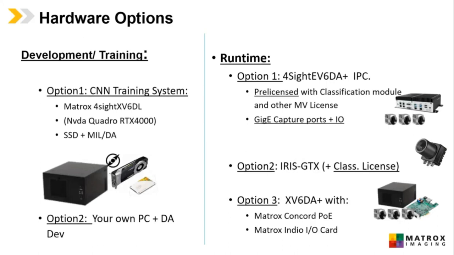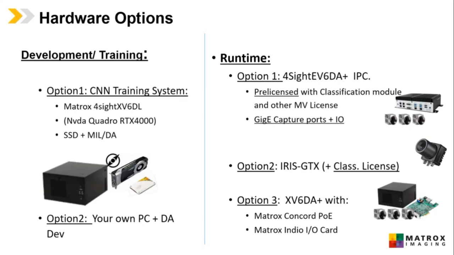Okay, so we talked about the hardware, about the software on deep learning, and it's all great, but you still need hardware, right? So for the development and training of the CNN, we recommend to use a GPU. In Copilot, you have the option of training your CNN on a GPU platform, and Matrox actually offers a system that is dedicated or customized for CNN training.